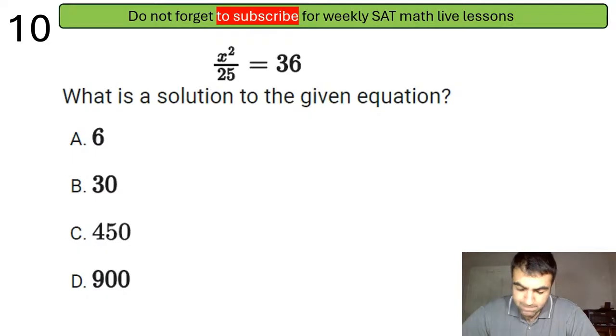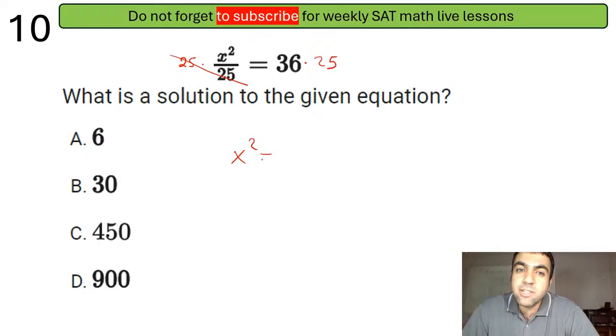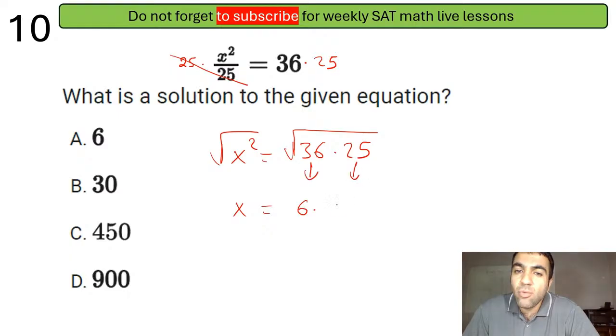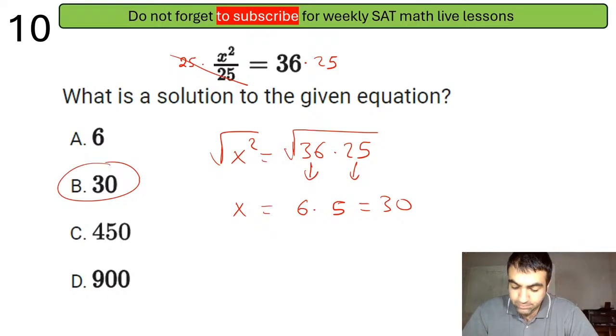It is D. Let's have a look. What's the solution? We should multiply both sides of the equation by 25. Okay, these cancel out. X squared is equal to 36 times 25. Let's take the square root of both sides of the equation. X is equal to 6 times 5, and that is 30. Mr. Shahin, that is 30. Okay.